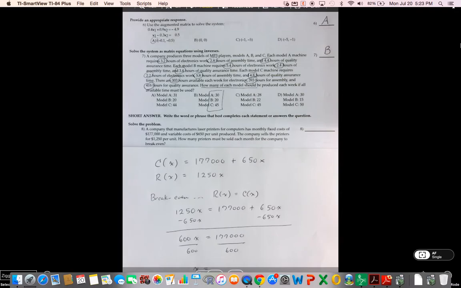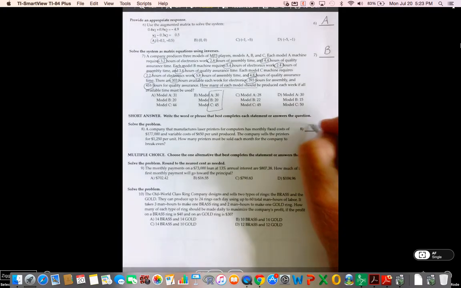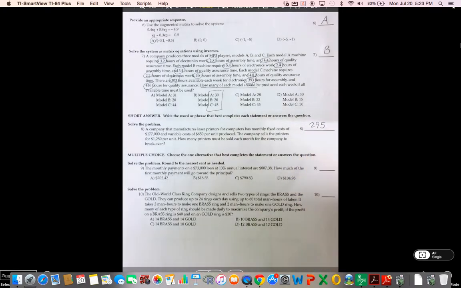X is going to be $295. So this is not multiple choice, so that's what we get.